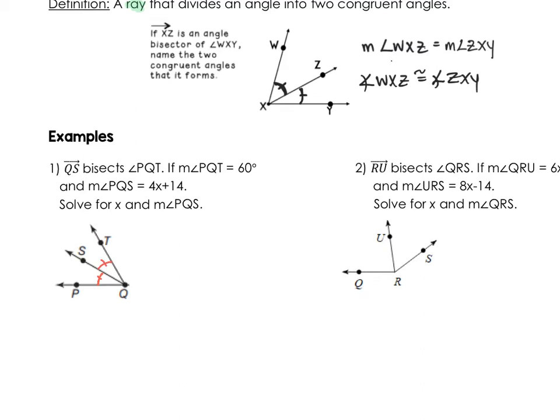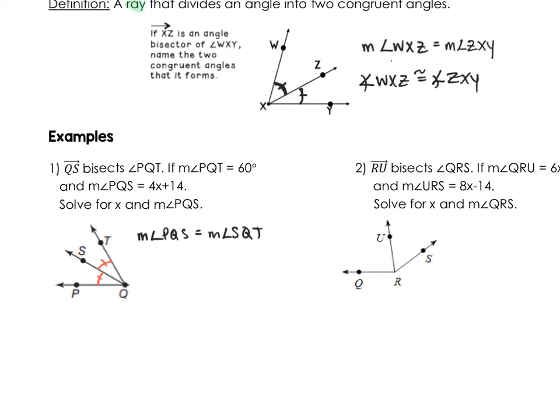So they both get the same amount of tick marks inside them. Because I know those angles are congruent, I can write my angle statement. I know the measurement of angle PQS, the one on the bottom, is equal to the measurement of the other angle, angle SQT.